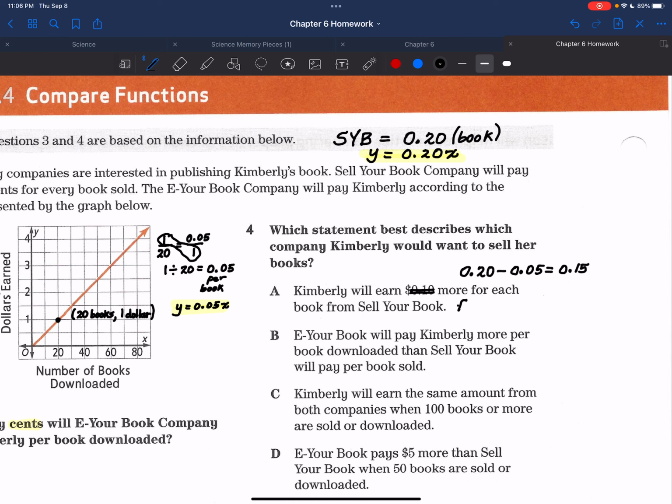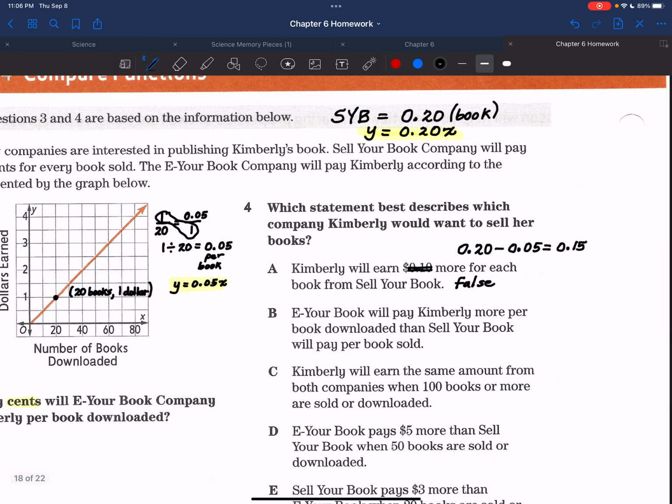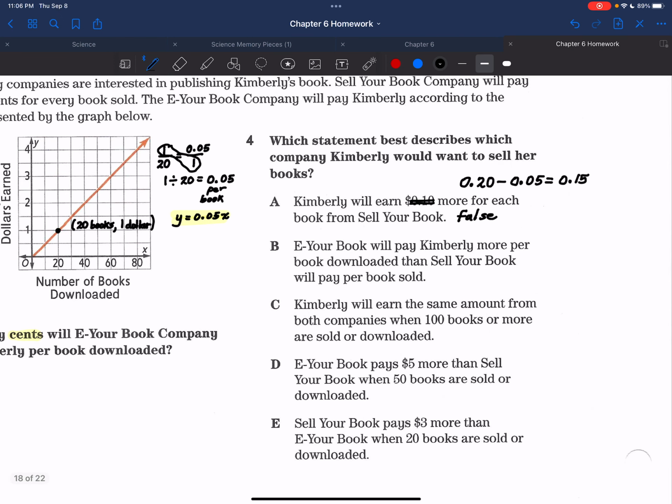So that's a false statement. E Your Book will pay Kimberly more per book downloaded than Sell Your Book will pay for books sold. So this is saying that a nickel is more than 20 cents. That is a false statement.